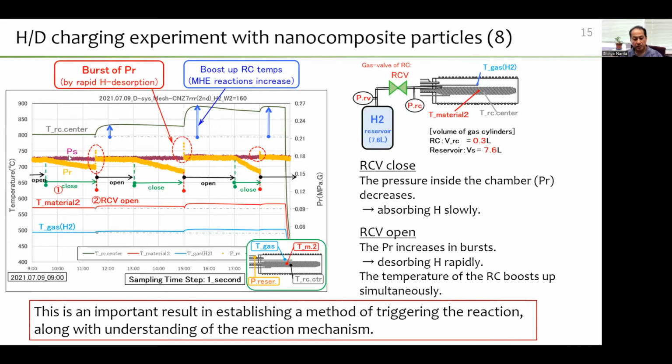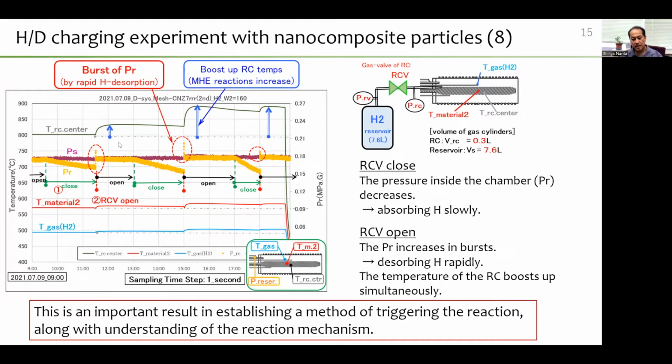The pressure inside decreases slowly due to the hydrogen absorption by the sample. Then after a certain period of time, this valve opens, and the pressure inside the cell increases in bursts, dissolving the hydrogen rapidly. And the temperature RC, the temperature of the reaction chamber, boosts up simultaneously.